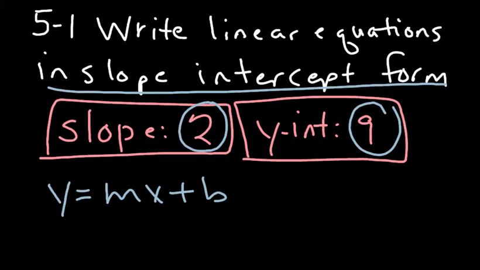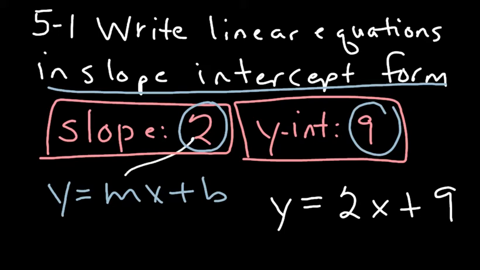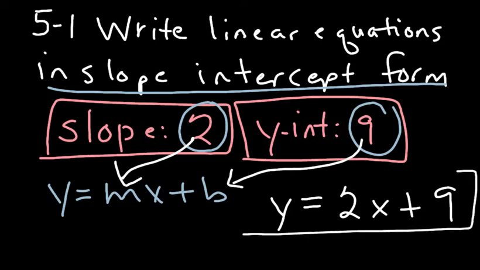So our equation is going to be y equals 2x plus 9. So in the first kind of problems, all you're doing is putting 2 in for the slope, 9 in for your b, writing the equation. This is the answer.